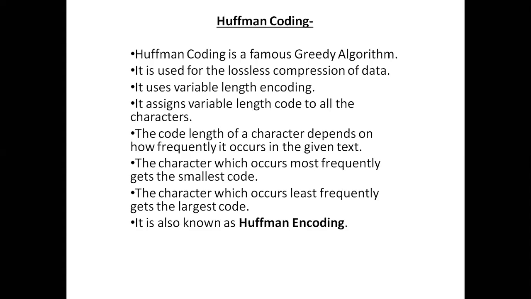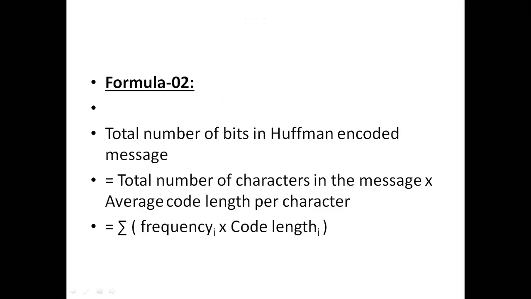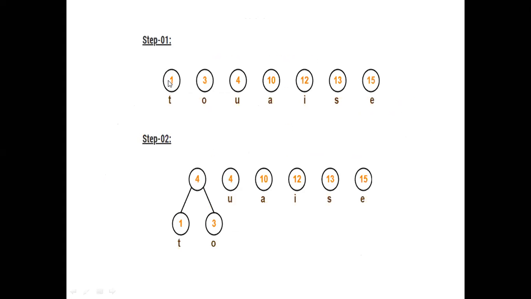Okay, then we have seen this example, where in the exam a table will be given like this. What will you do? First convert it into increasing order according to the frequency, like this. Then you have to take the minimum 2 nodes, the two nodes with minimum frequency.